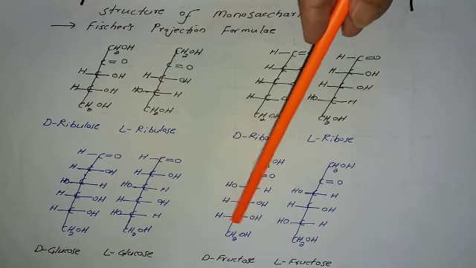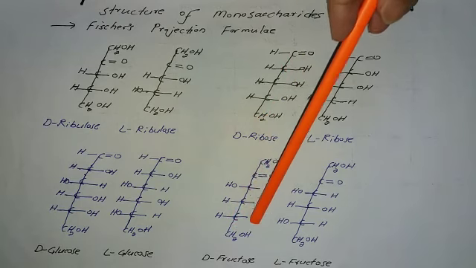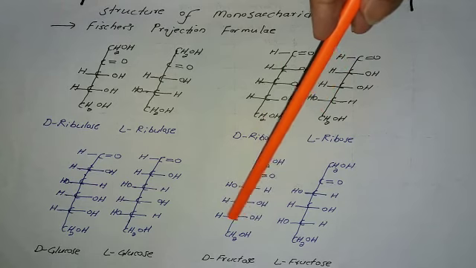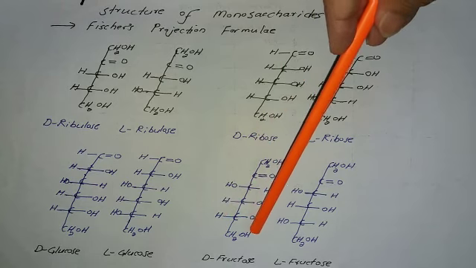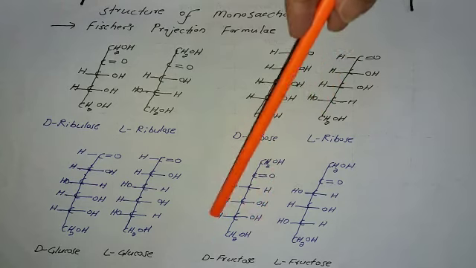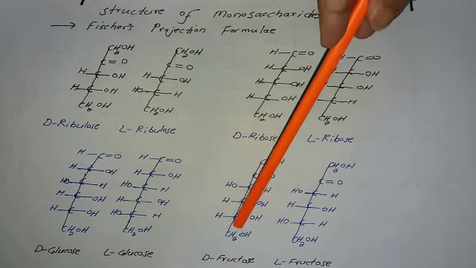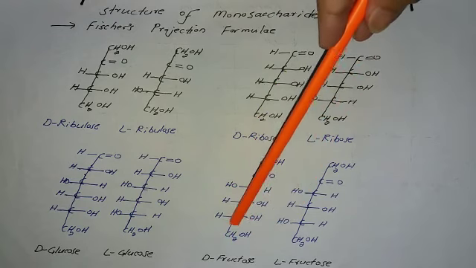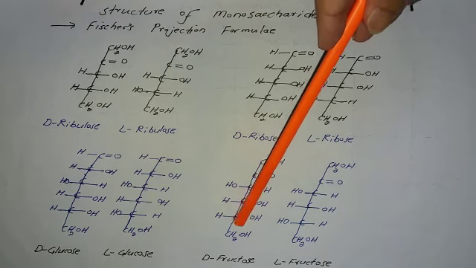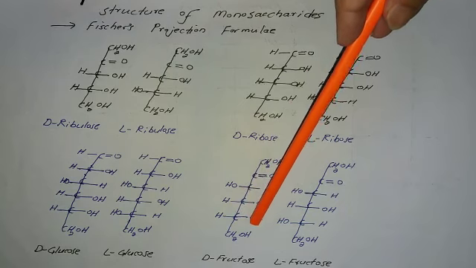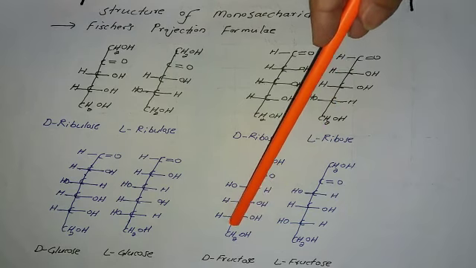So this asymmetric carbon will be considered for comparison of the configuration of fructose with glyceraldehyde. You can see, in this case, the hydroxyl group is attached to this asymmetric carbon from the right side.